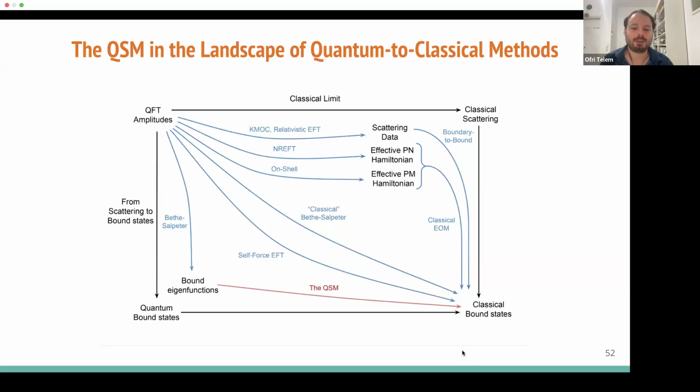In GR, I would do it with the Detweiler-Whiting prescription, for example. But if you were in odd space-time dimensions, you would have to integrate over not just the past light cone. You have to integrate over the inside of the light cone as well.